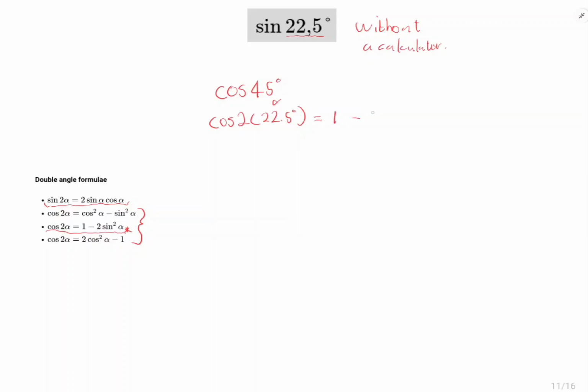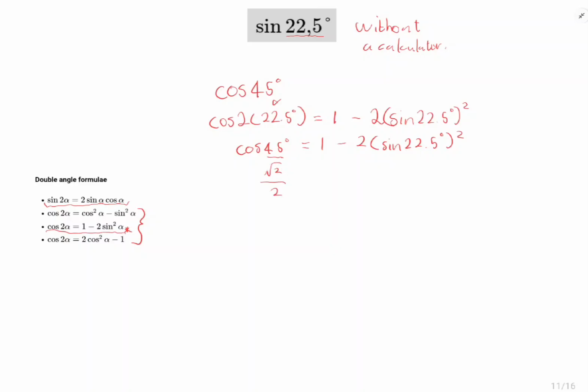It's going to be 1 minus 2 sine 22.5 degrees, you can just write it in this way, squared. But wait, we already said that 2 multiplied by 22.5 is 45, so cos 45 degrees equals 1 minus 2 sine 22.5 degrees squared. We know that 45 degrees is a special angle. So what would the fraction be?